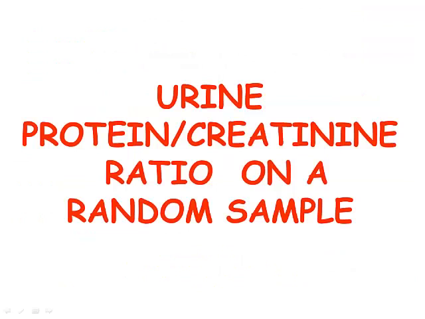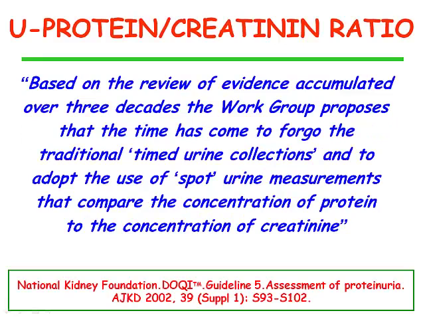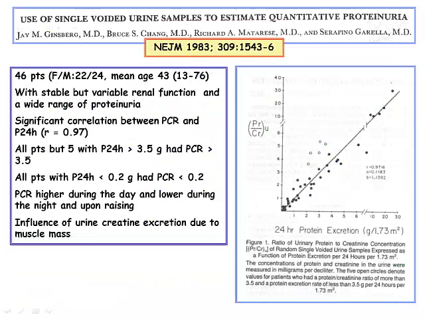What about urine protein-creatinine ratio on a random sample? This has been proposed since 2002 as an alternative to 24-hour urine collection. And the whole story starts in 1983 when Ginsberg and co-workers published in the New England Journal of Medicine this paper, in which they showed that there was a significant correlation between 24-hour protein excretion and the ratio between protein and creatinine on a random sample.